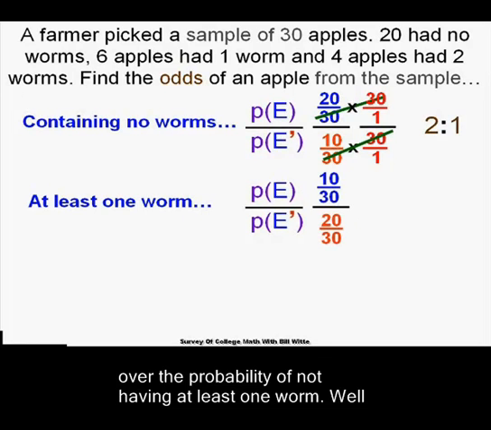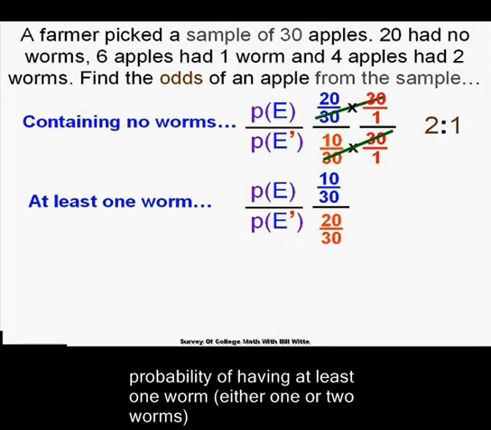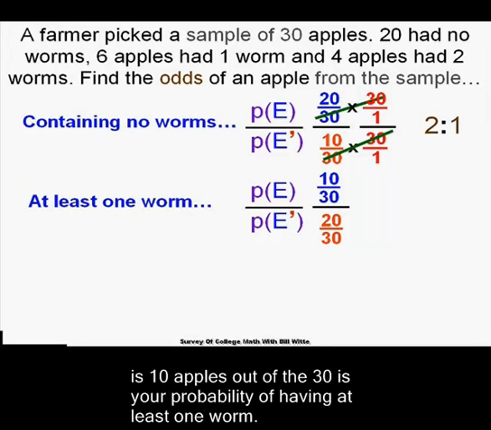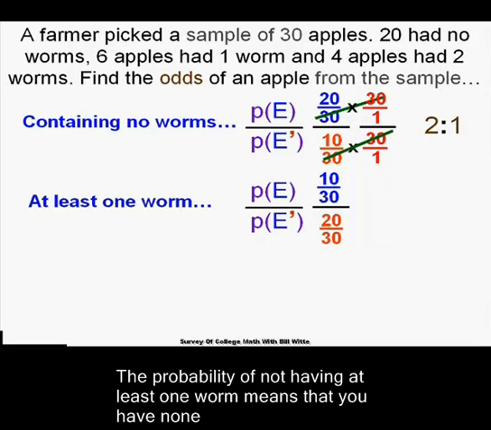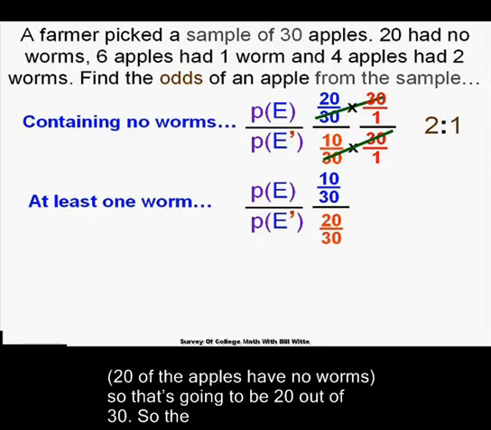Well, the probability of having at least 1 worm means you're going to have either 1 or 2 worms. There's 10 apples that have that, so 10 out of the 30 is your probability of having at least 1 worm. Probability of not having at least 1 worm means that you have none. 20 of the apples have no worm, so that's going to be 20 out of 30.